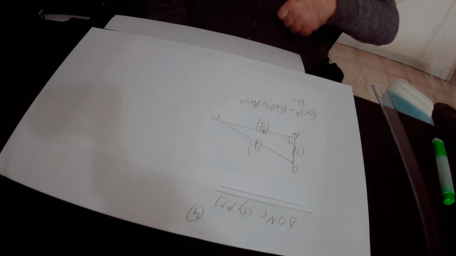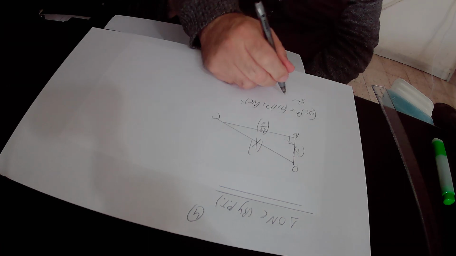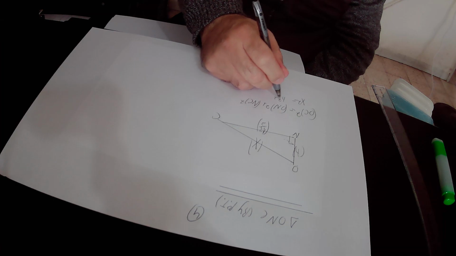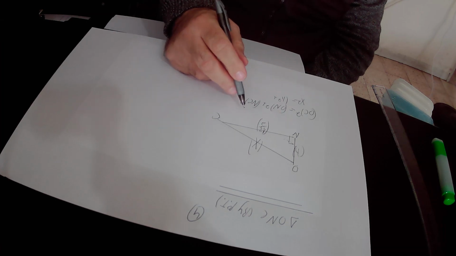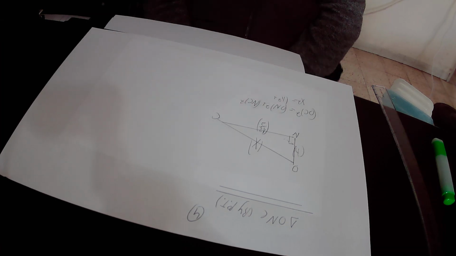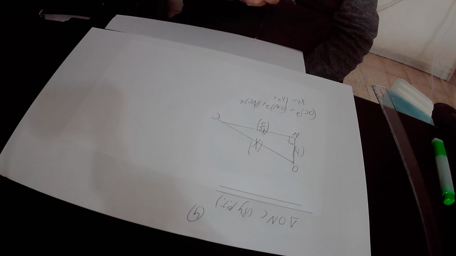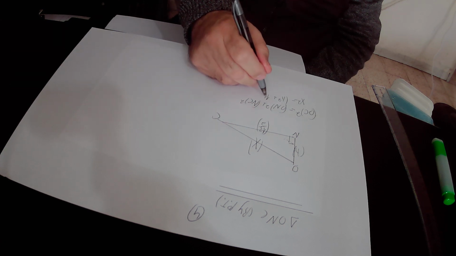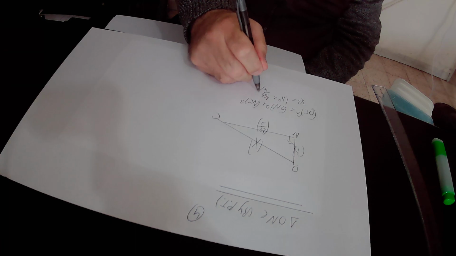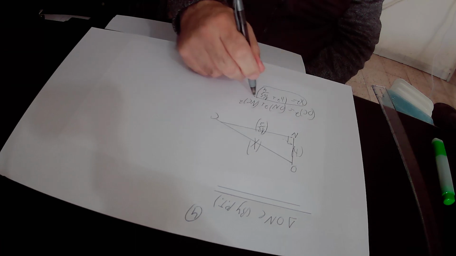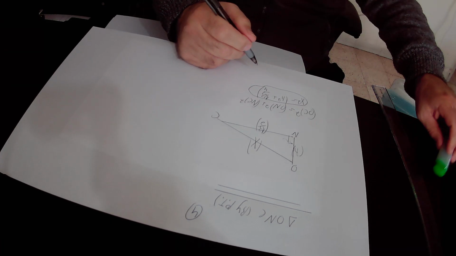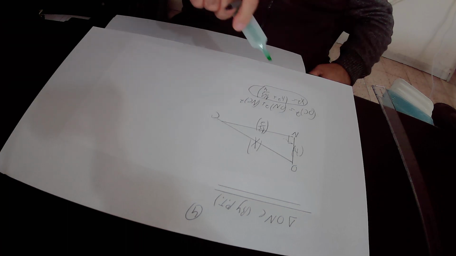ON is h, therefore ON squared is h squared, plus NC squared. NC is 13 over 2, therefore NC squared is (13 over 2) squared, it is 169 over 4. So in conclusion, we found out that x squared equals h squared plus 169 over 4.